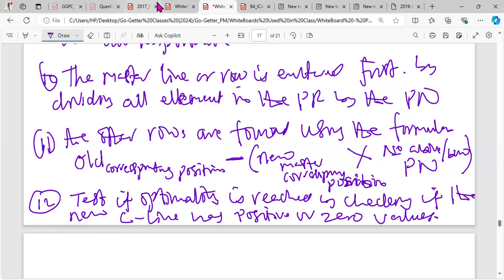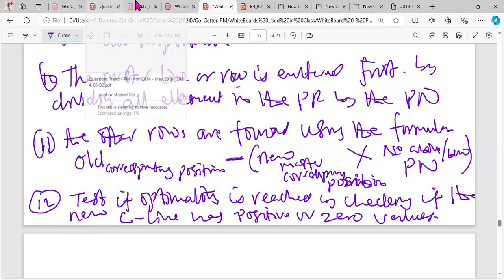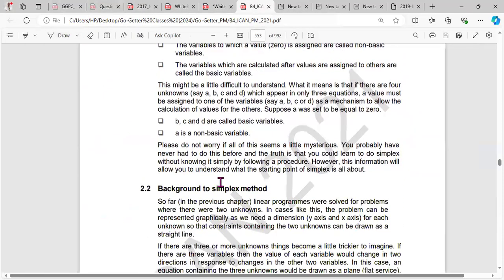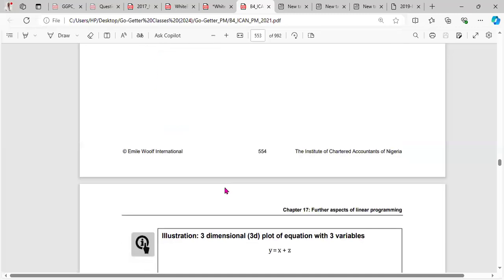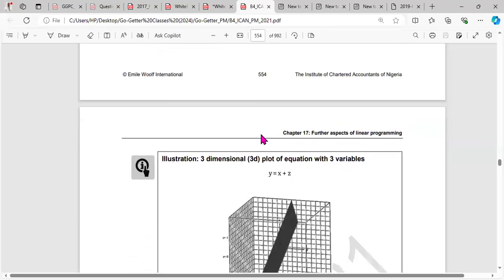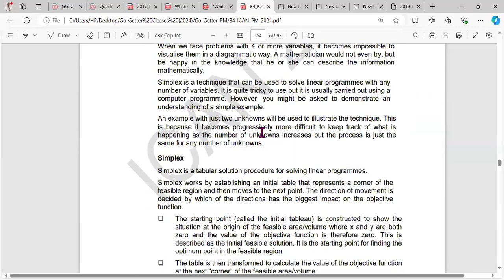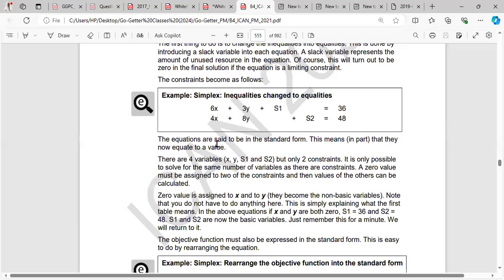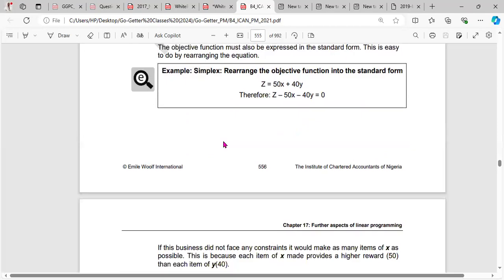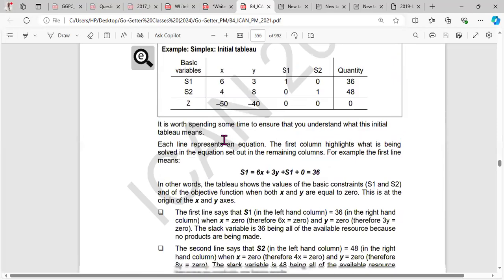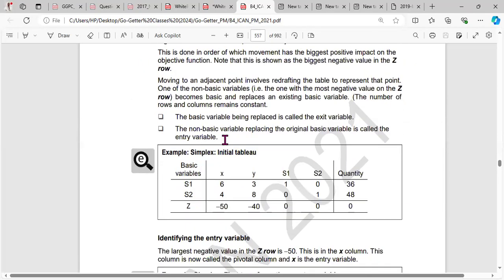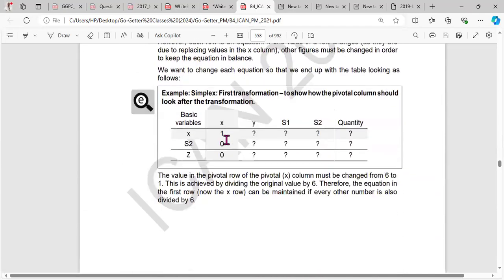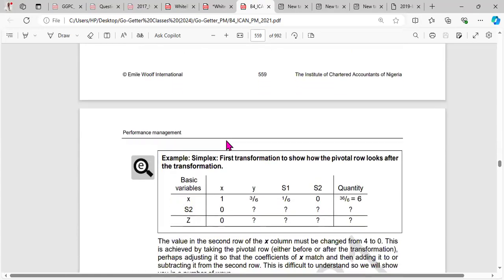So I won't stress you that much with it, but I will tell you to read this material which I will send. This is your study pack. Read your study pack because it shows how this can be done. You can walk through the examples they did here. Try your hands with it to see if you can understand.